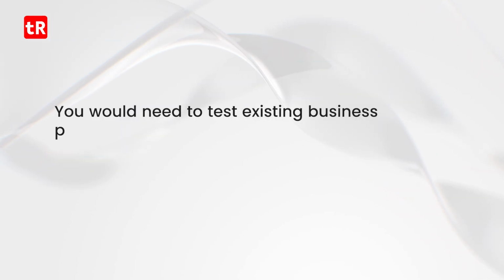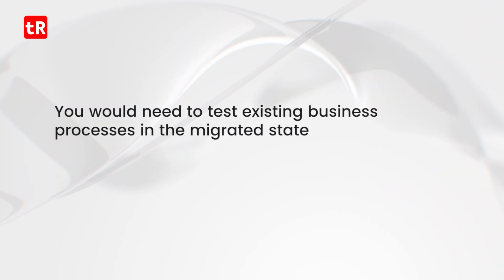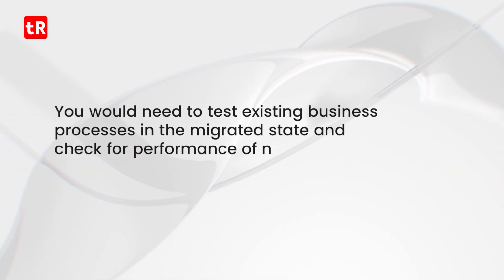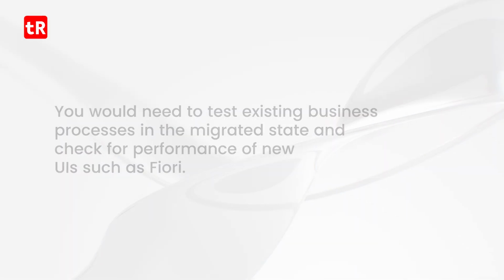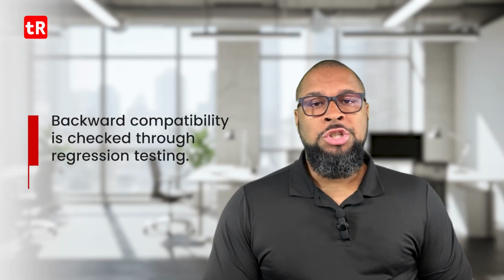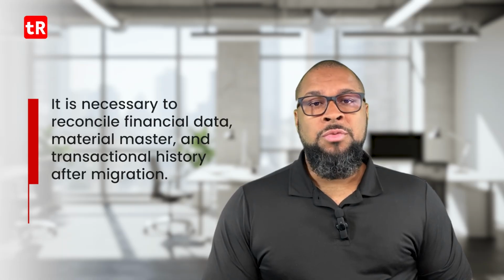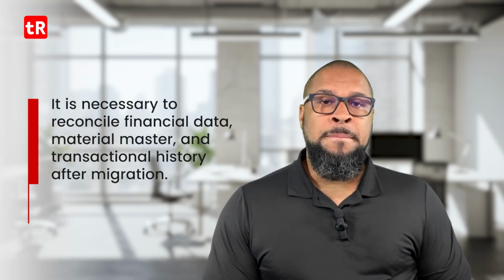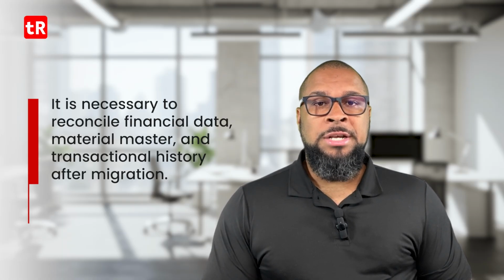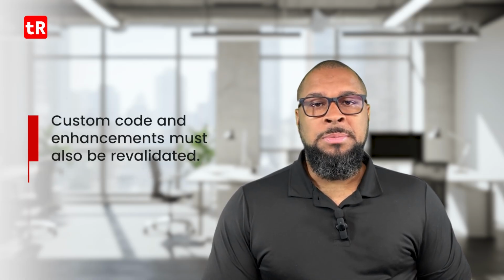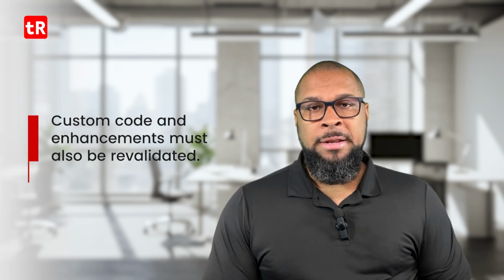You would need to test existing business processes in the migrated state and check for performance of the new UIs such as Fiori. Backward compatibility is checked through regression testing. It is necessary to reconcile financial data, material master, and transactional history after migration. Custom code and enhancements must also be revalidated.